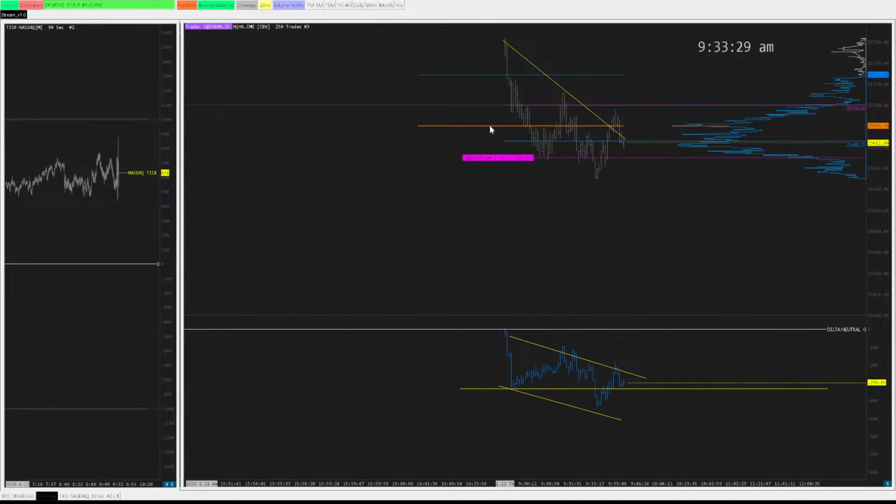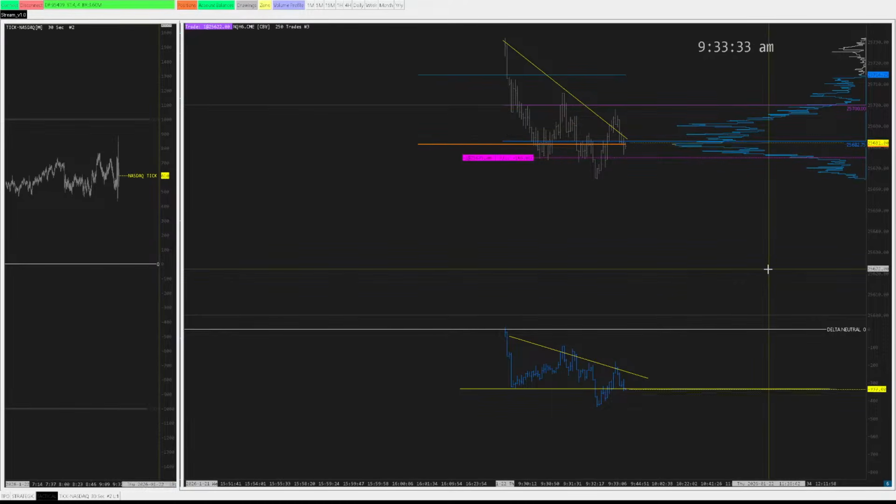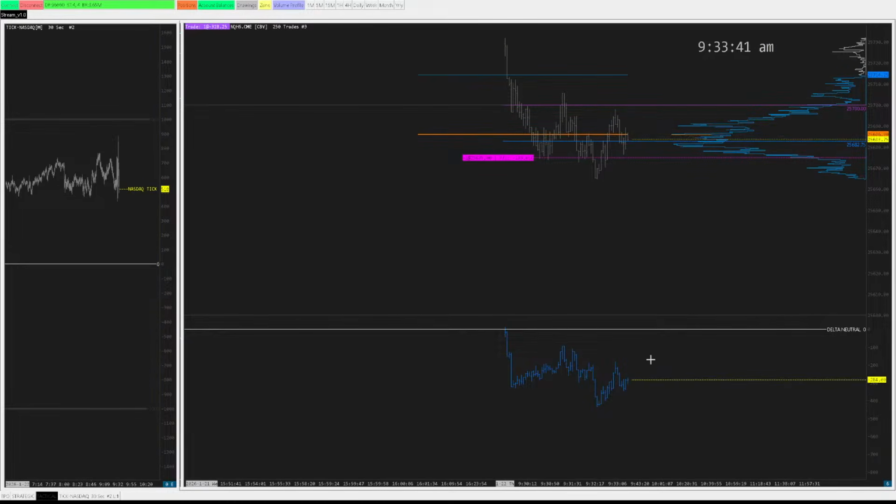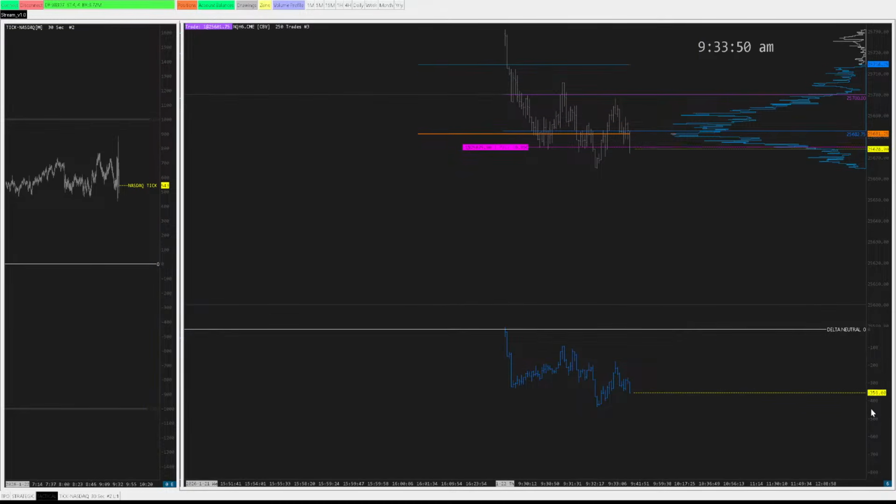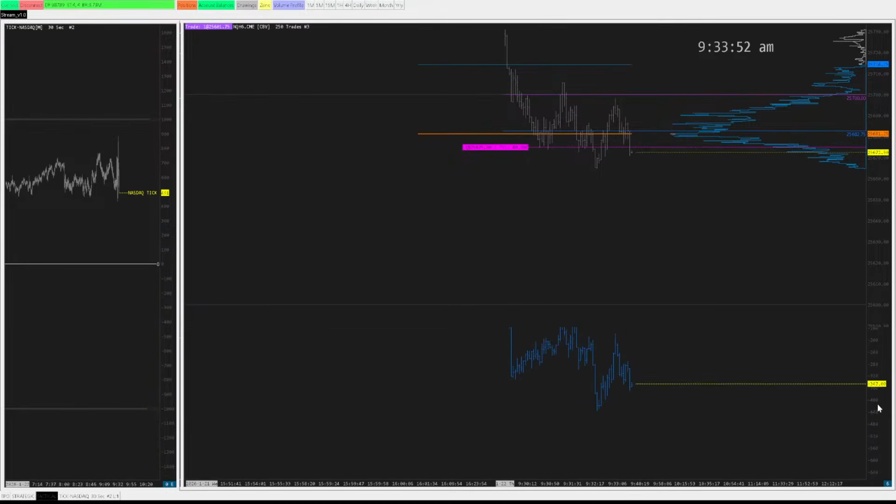Things are kind of going the same direction, so we're just going to trust that it's going to keep going. That's all that we can do. If it flips positive up here, then we'll change course. But for now, things are going down. So we're just following the flow.